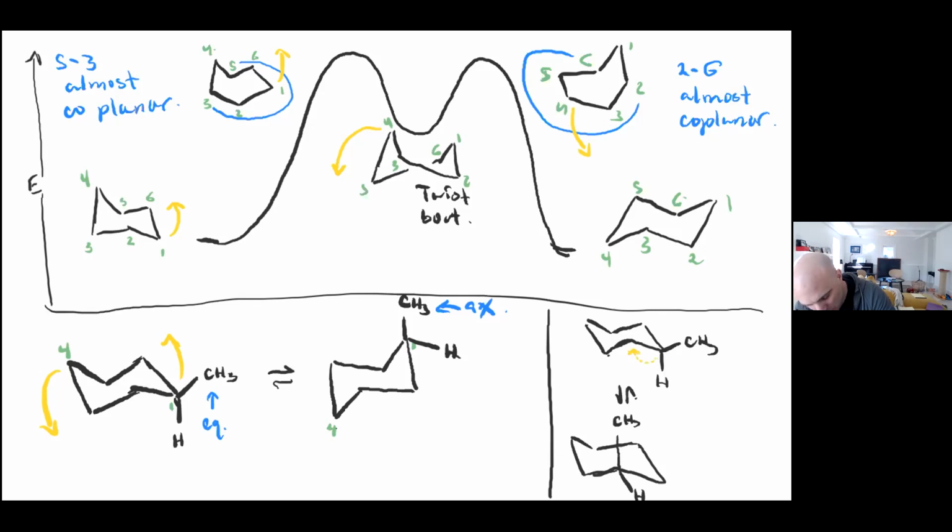So of course, in reality, these two are the same. The difference here is how I'm showing it on paper, how we choose to represent it, okay? And so if you imagine taking this conformer on the right and spinning it down, you would move that methyl group kind of in front of you, okay?